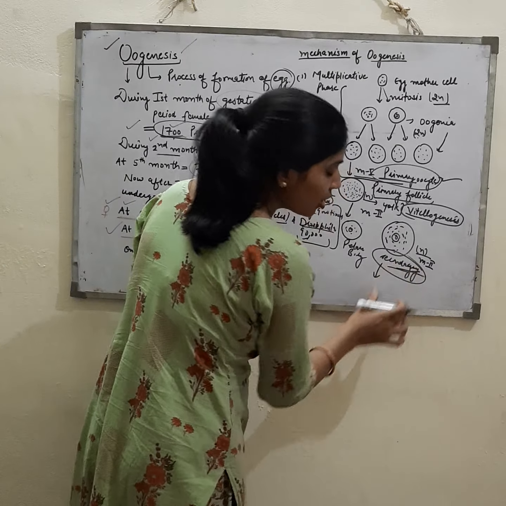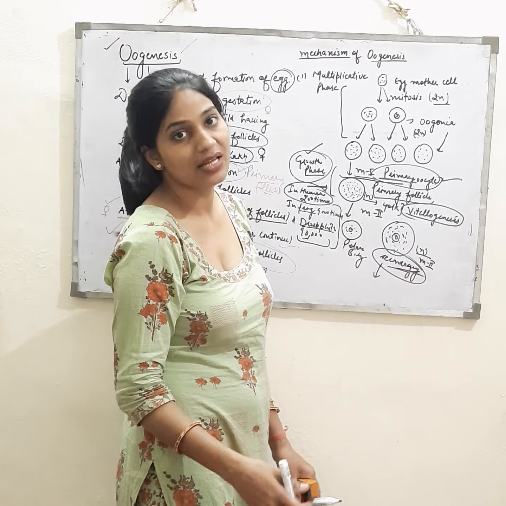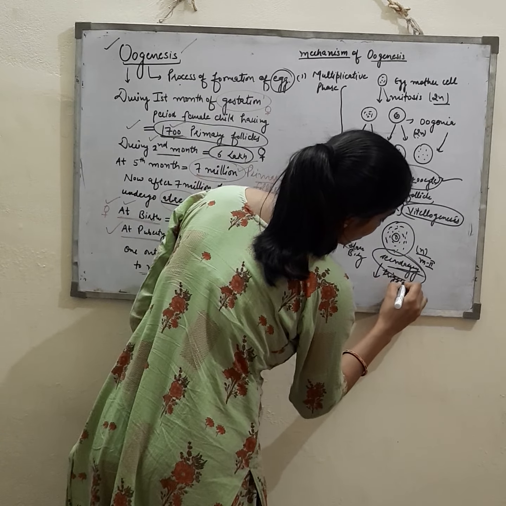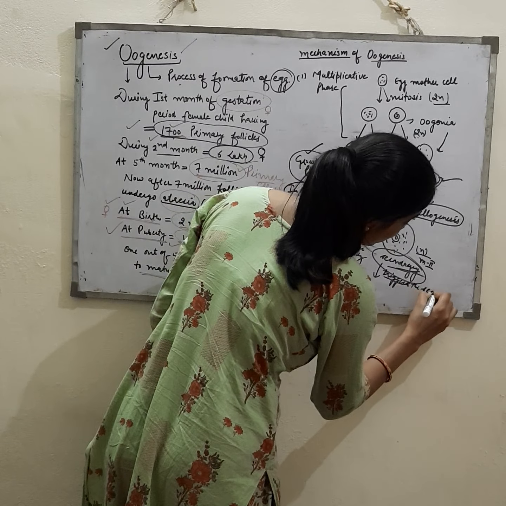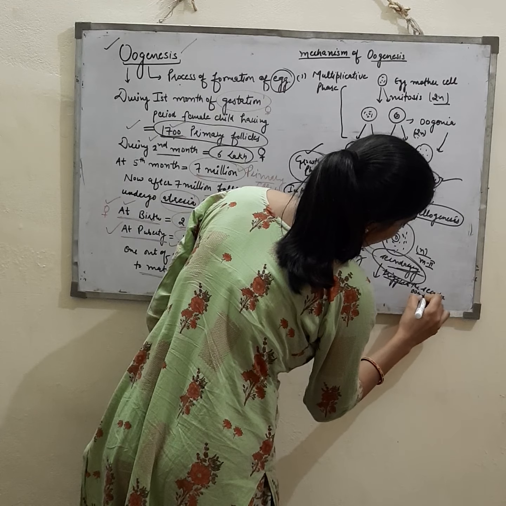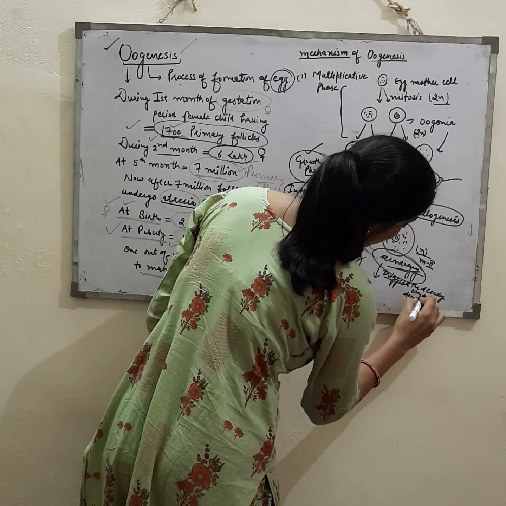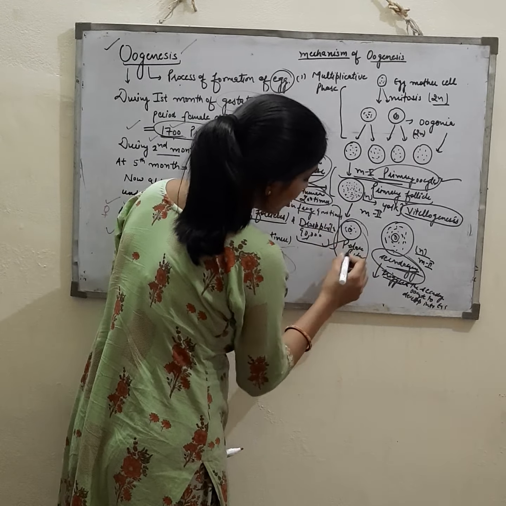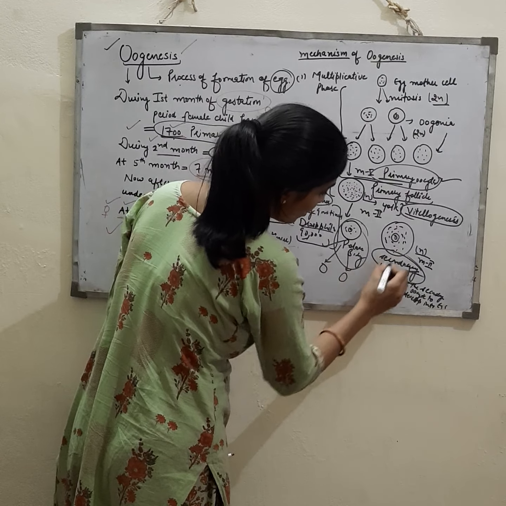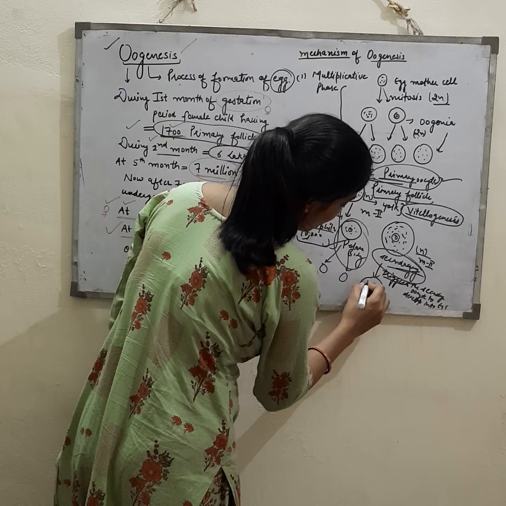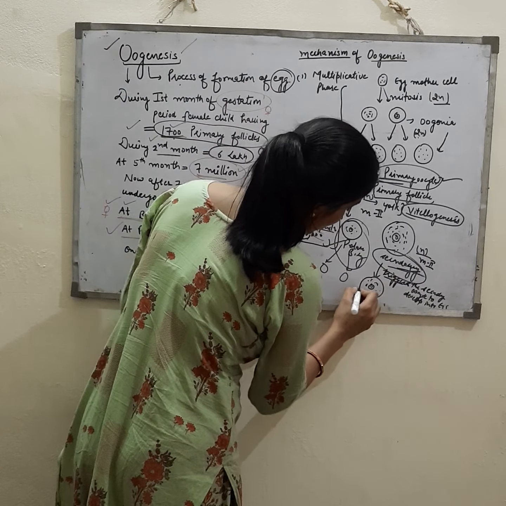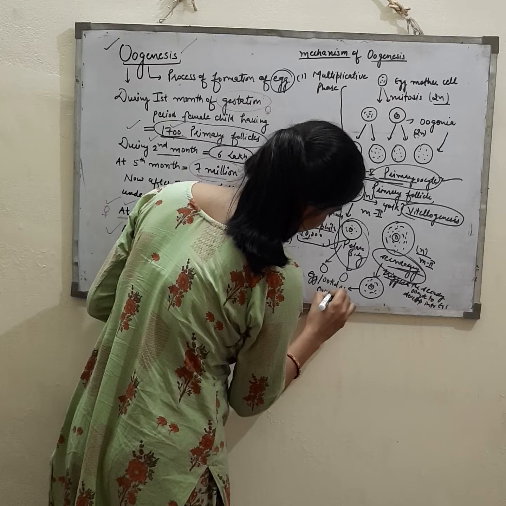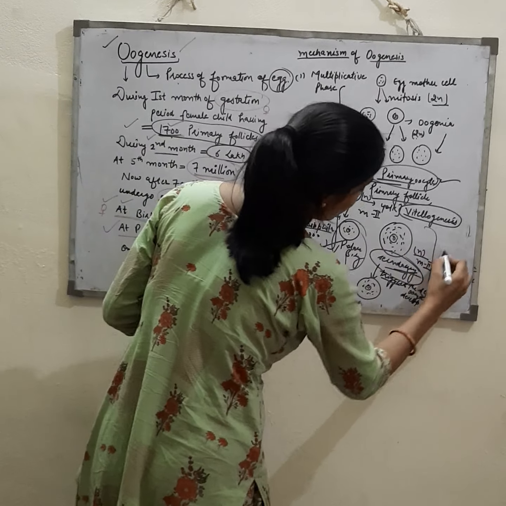When the sperm enters the female genital tract, this entering of sperm triggers the secondary oocyte to develop into an egg. The polar body may degenerate or it may divide into two, and the secondary oocyte is converted into a functional egg, ootid, or you can say ovum. This is known as the maturation phase.